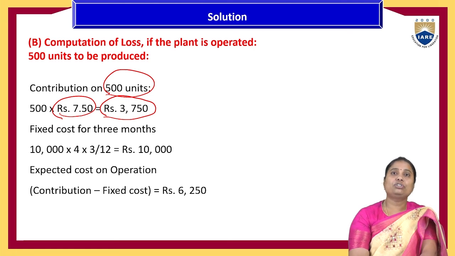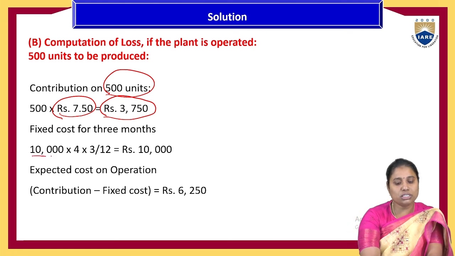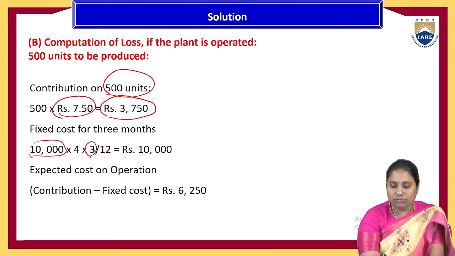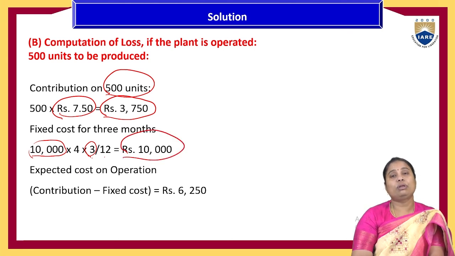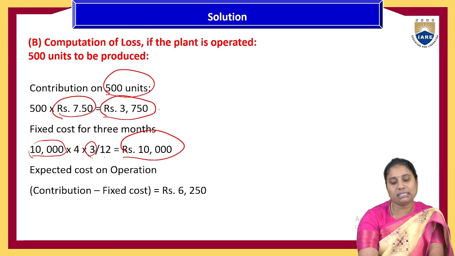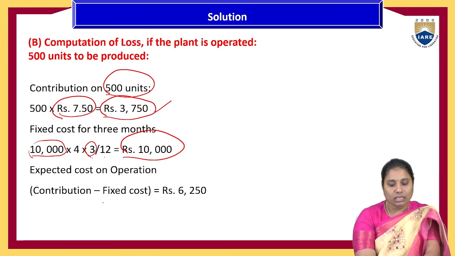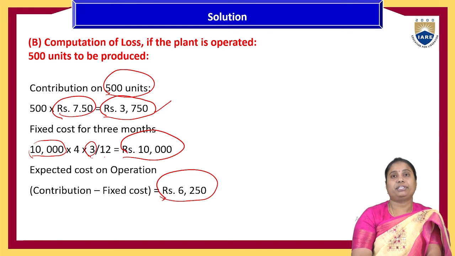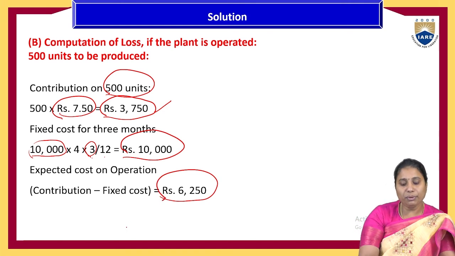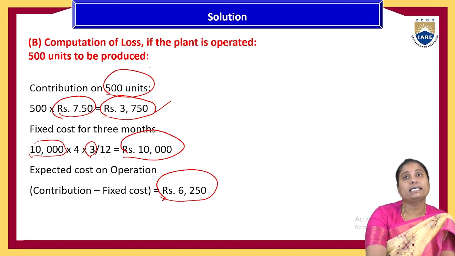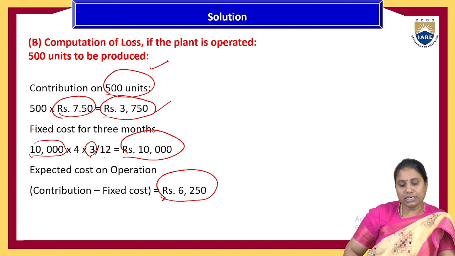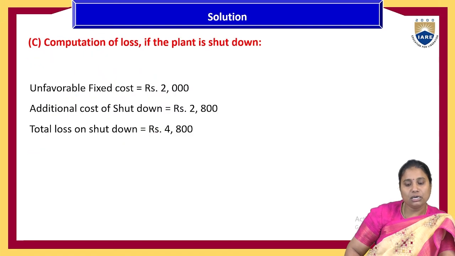To meet the fixed cost for these 3 months, the total fixed cost is 10,000 for the year, and the plant will operate for 3 months out of 12, so the fixed cost is calculated as 2,500 rupees. The expected result on operating is contribution of 3,750 minus fixed cost, 6,250, because they are going to be using that machinery for the entire year. 6,250 is the contribution of that particular organization.